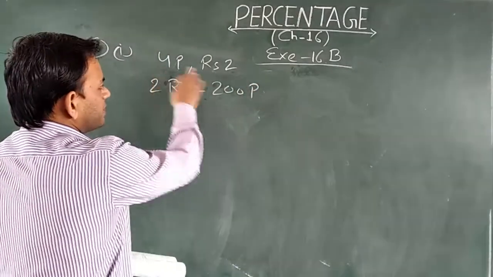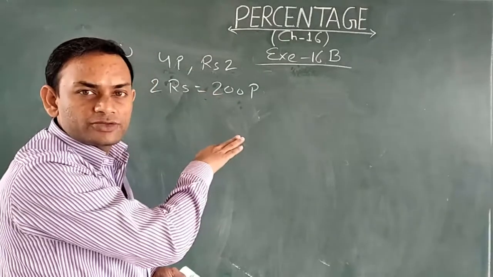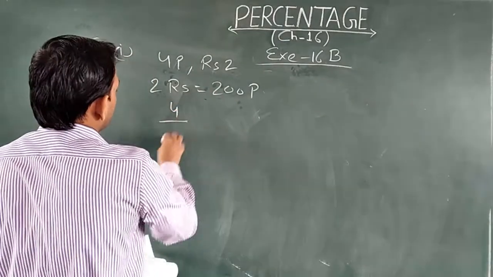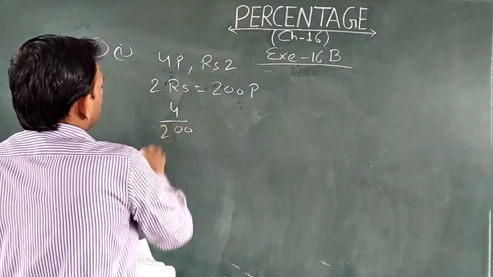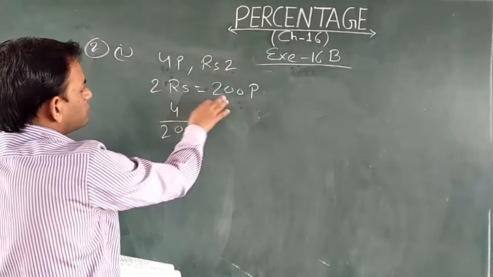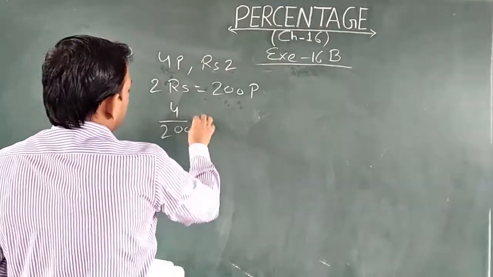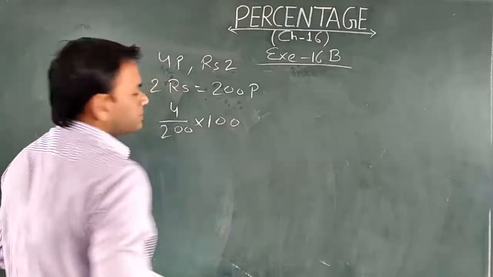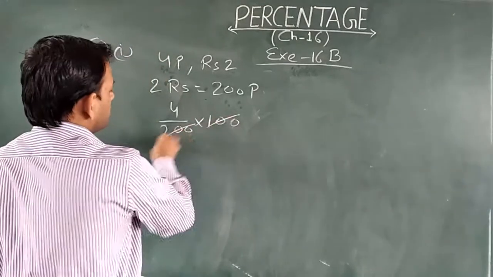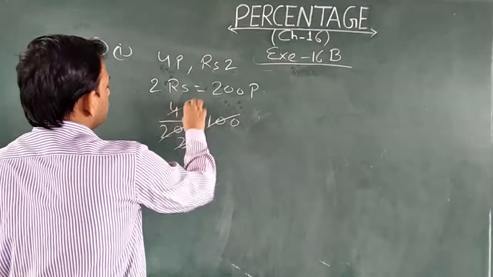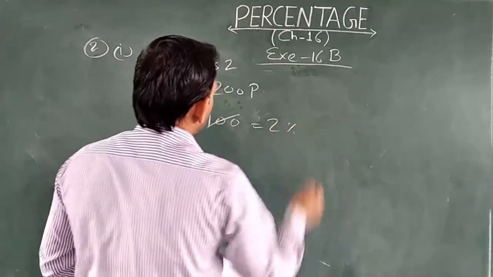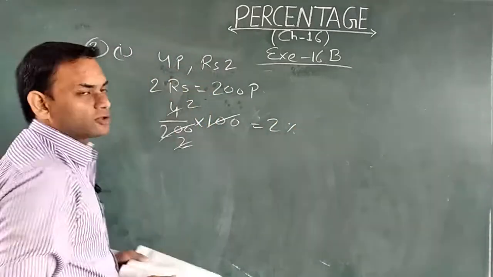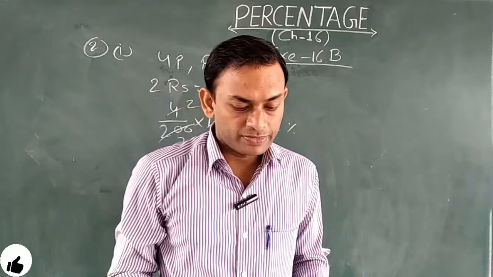Now 4 paise and 200 paise are both in the same unit, so you will find the percentage of 4 paise out of 200 paise by multiplying by 100. It will go by 2, and 2 twos are 4, means 2%. Means 4 paise is 2% of 200 paise.